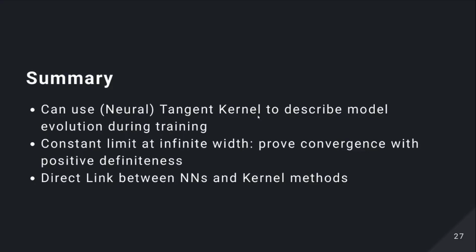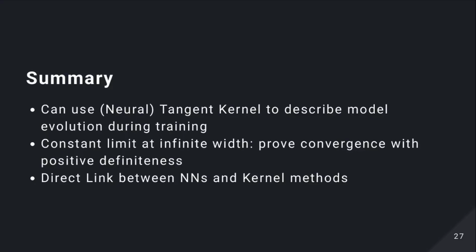And we can use it to describe how a model will evolve during training under gradient descent. The fact that we have a constant limit at infinite width is mostly interesting because it can prove that gradient descent will converge to some limit. But note there are some caveats with that, because we're converging but with respect to this semi-norm.